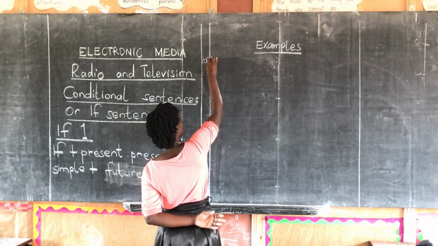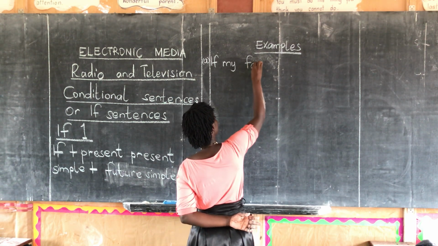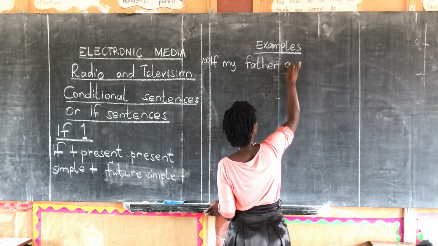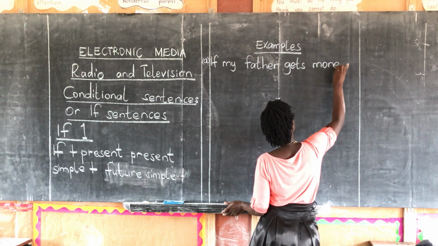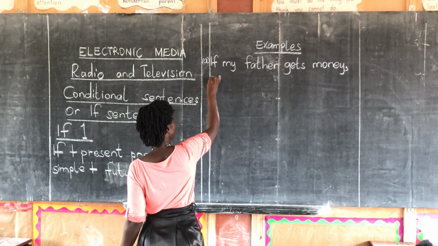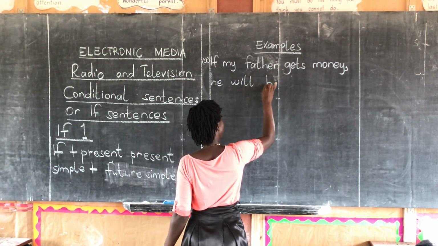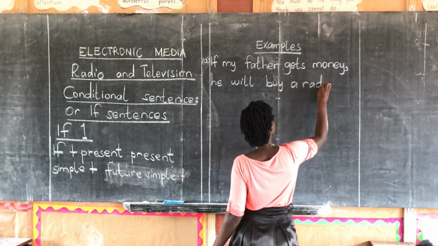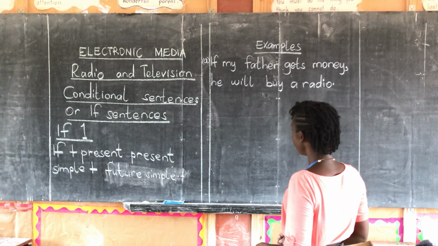Example A says, if my father gets money, he will buy a radio.